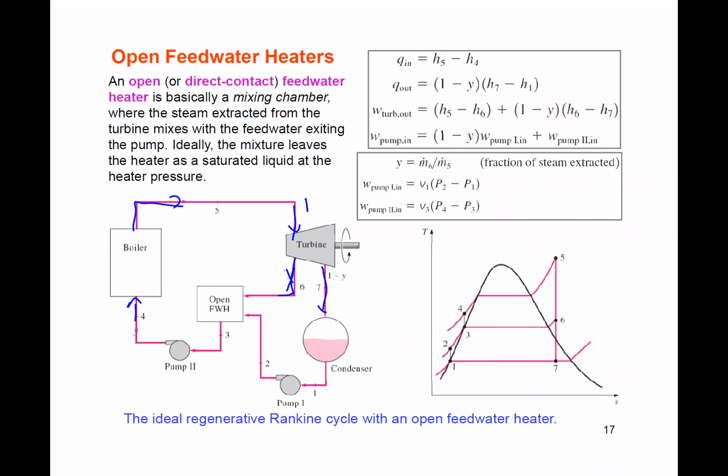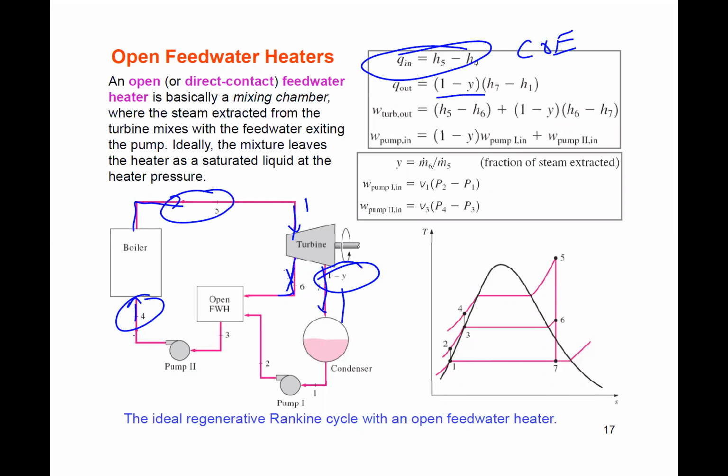Right? Okay, so when we do the COE, the lowercase q, when we divide by that m dot 5 or 4, we just get that. But when we look at heat out, we have 1 minus Y flowing through it. So we have that as our term there, because we divide by the total mass flow rate of 4 or 5, and we end up getting 1 minus Y there.